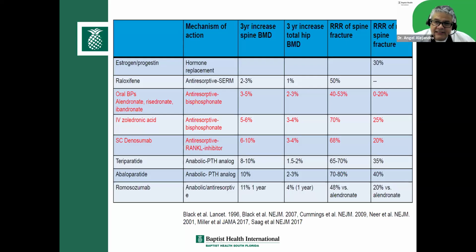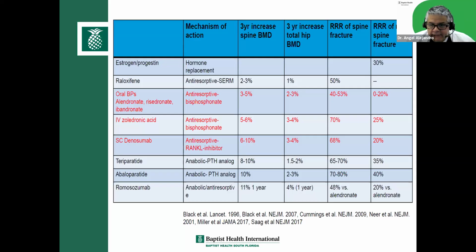And it's interesting because it says 0 to 20%. Now, where did that 0 come from? Remember that ibandronate was not shown to reduce hip fractures. It's very good with the vertebra, with the spine, but it was not shown to reduce the risk of hip fractures. That's why you see a 0 to 20% when you look at the oral bisphosphonates.